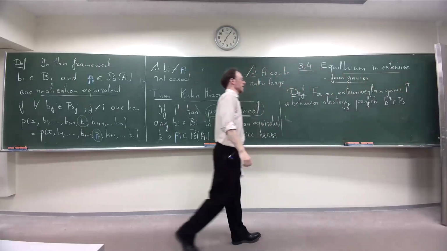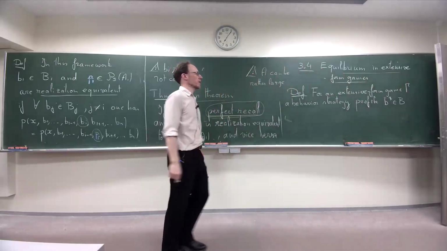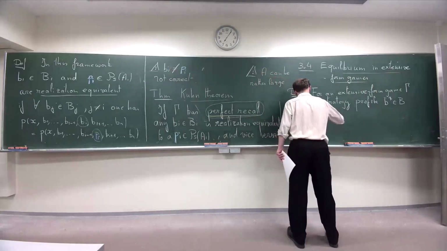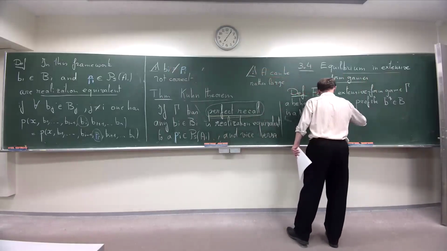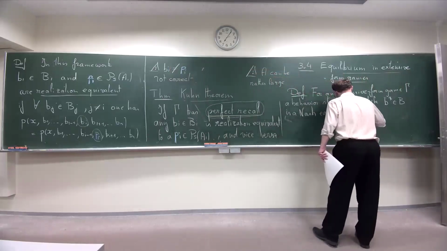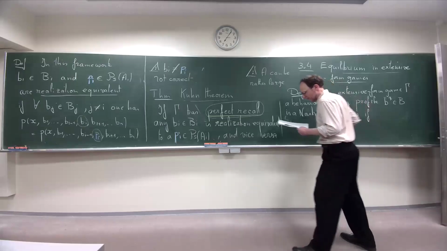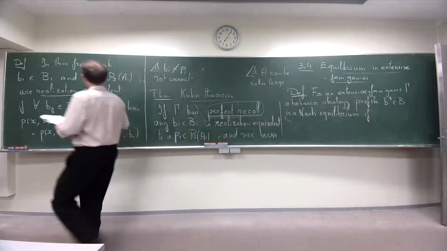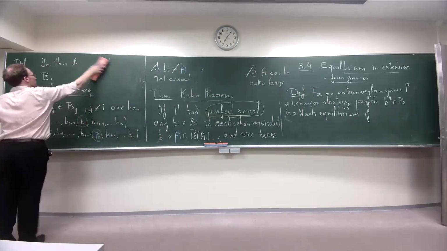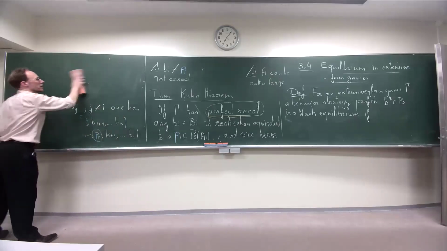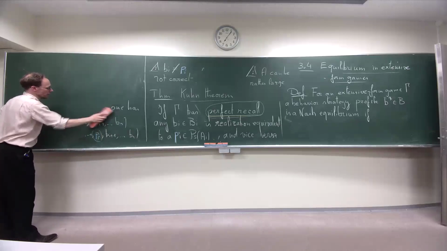I use a star for this specific one. So this one is a Nash equilibrium if, and in fact, you can write the definition by yourself because we have all the ingredients.